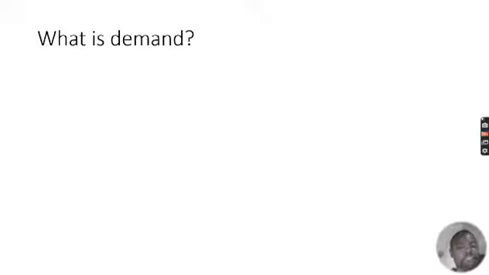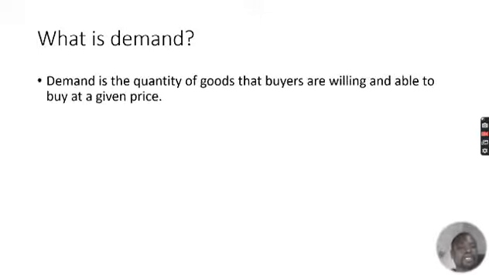The question is, what is demand? Now, we should understand that demand is a quantity of goods that buyers are willing and able to buy at a given price. We should understand that the success and the thriving power of every firm lies in demand. Now, what do we mean? The firm should ensure that its products are demanded.